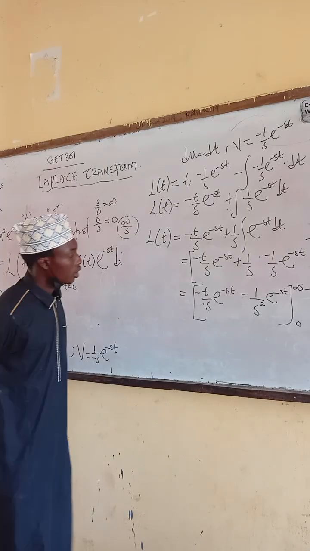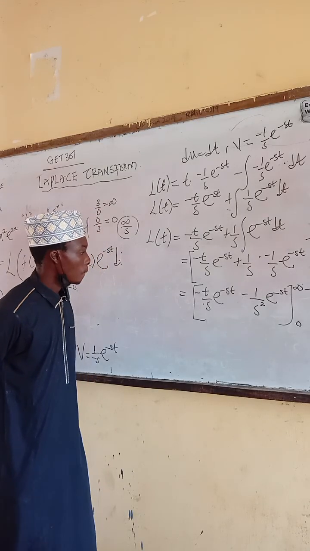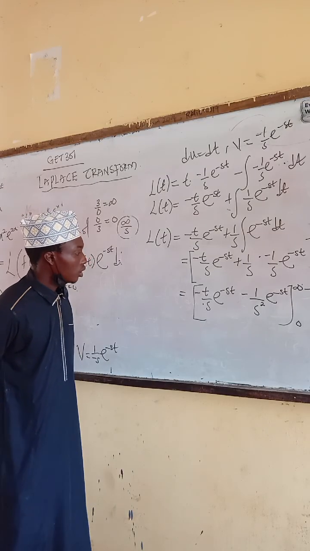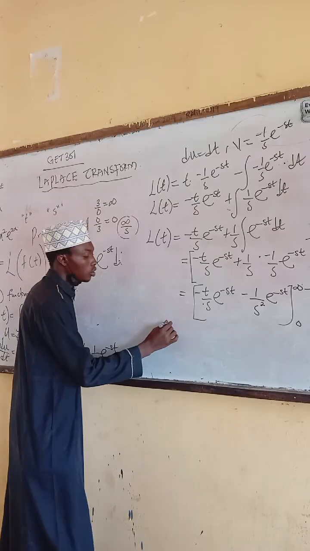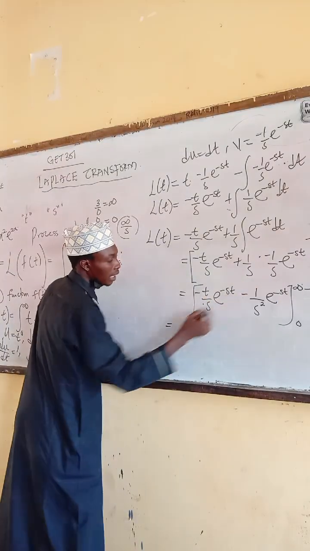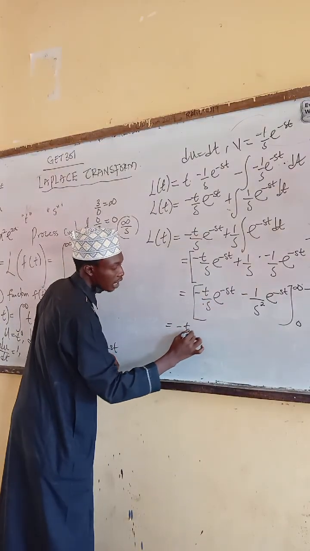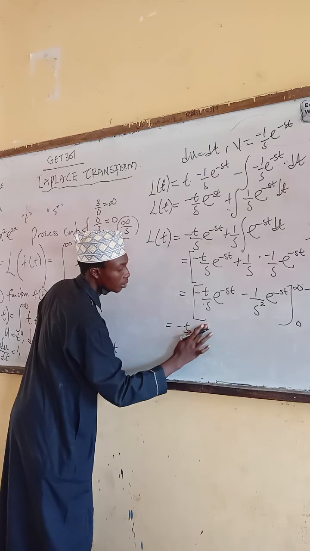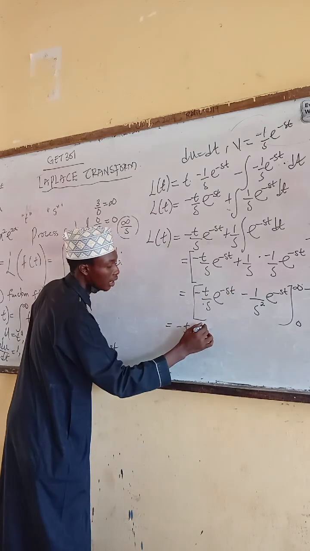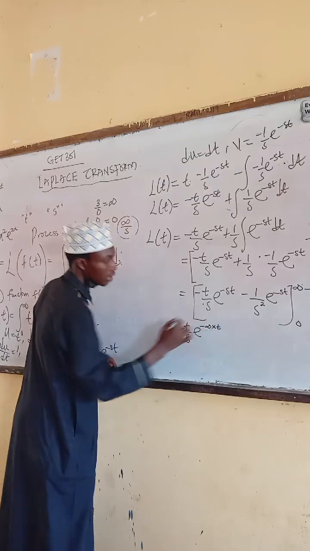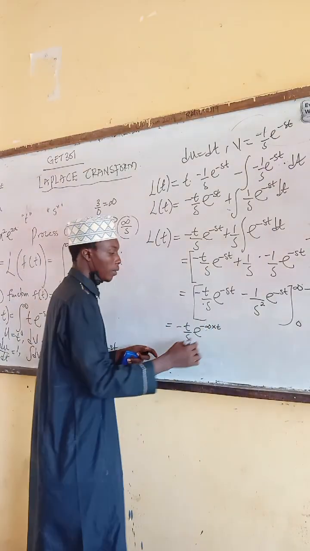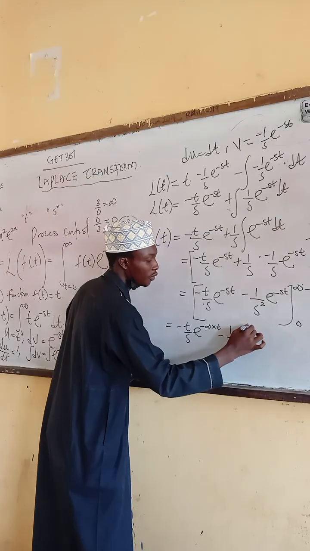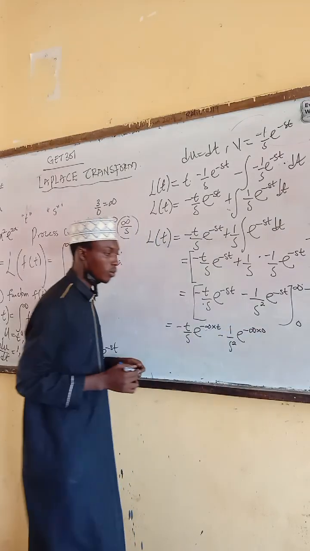Let's see what we are going to have. You can split using the infinity limit. So you have minus t over s exponential minus s times infinity times t, then minus 1 over s square exponential minus infinity times 0.